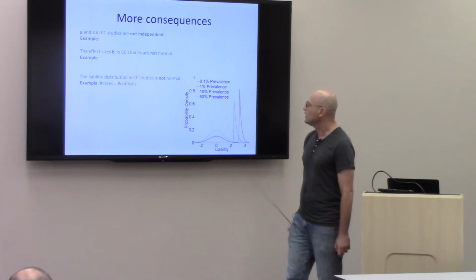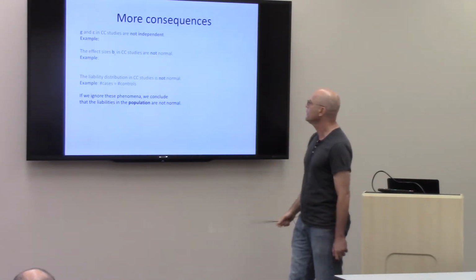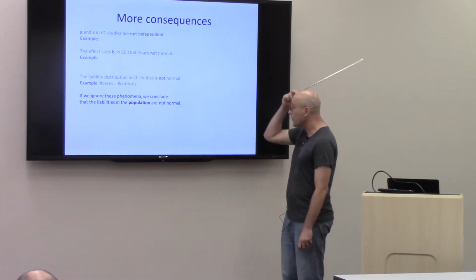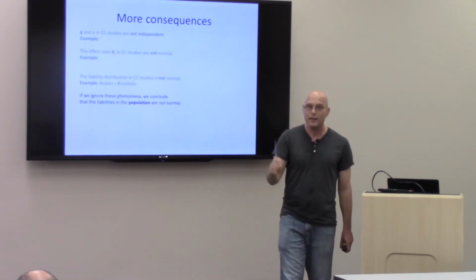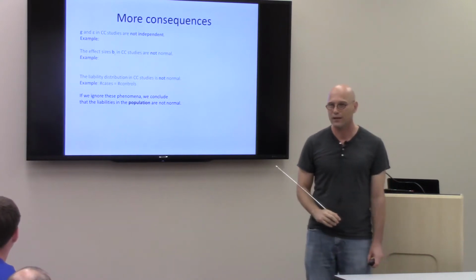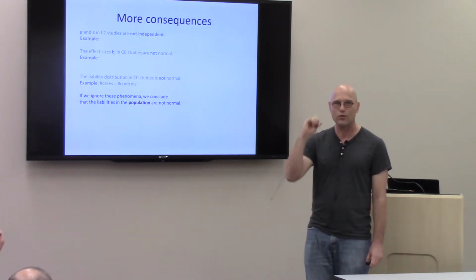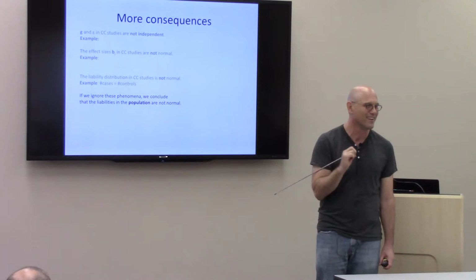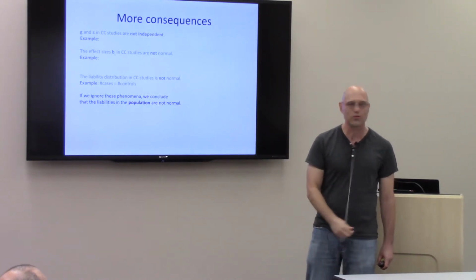But this has a major effect if we look at it from the other side. Let's ignore this phenomenon, and let's assume that the liability in the case control sample is normal and apply a method that assumes this normality. Then we can ask ourselves, what are we assuming about the liability in the population if we assume normality in the case control population?